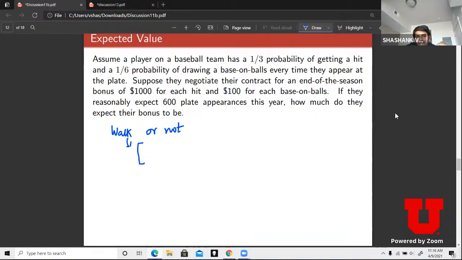That would be 1/6 of the time, or if the player hits it, that's 1/3 of the time, and that's success. So you have 600 plate appearances.